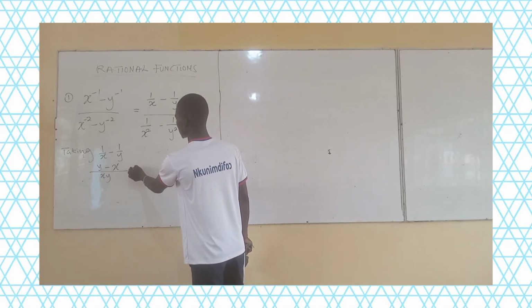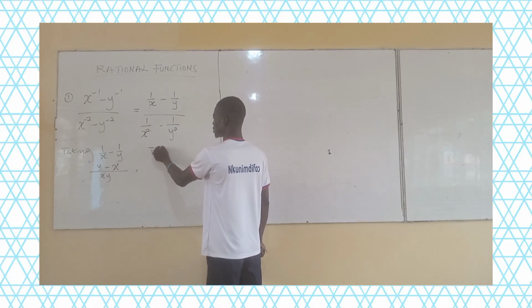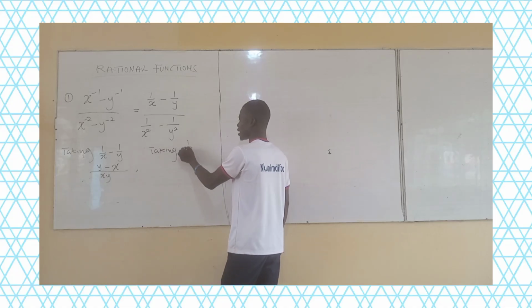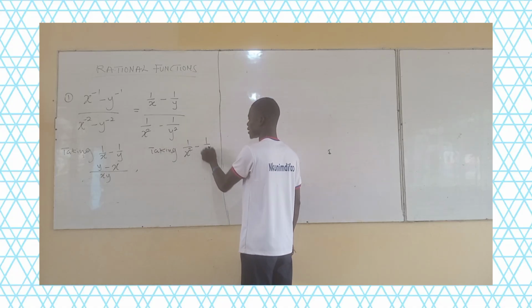Now taking the denominator side, 1 over x squared minus 1 over y squared.